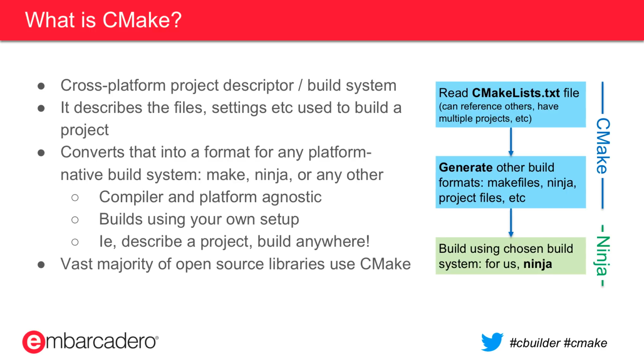And in this webinar, we're going to be looking at Ninja, which you may or may not have already used, but is a very, very cool build system. And of course, it can use others as well. The key things here are that it's compiler and platform agnostic, and it builds using your own setup, so you can describe a project once and you can build it anywhere. And for that reason, the vast majority of open source libraries use CMake.